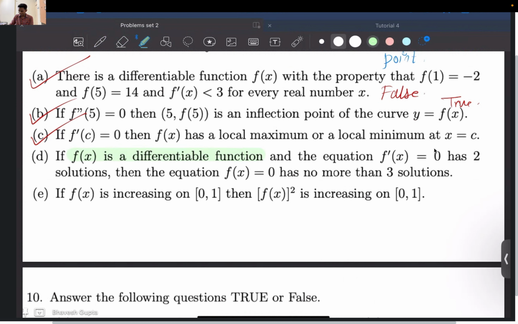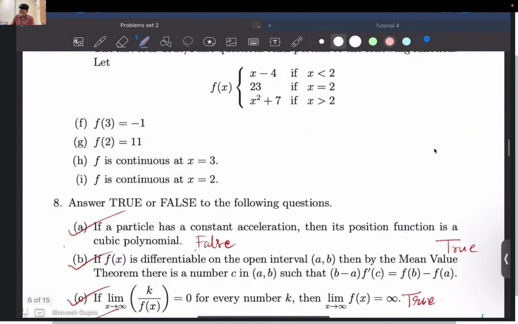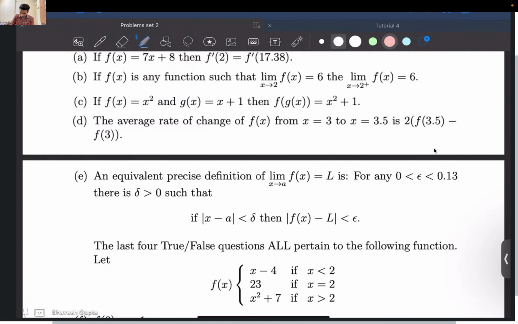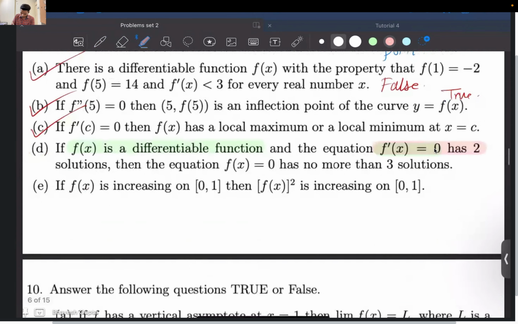And they told me that there exist two roots of the first derivative. That means there exist two critical points, right? So this statement tells you that it has two critical points.